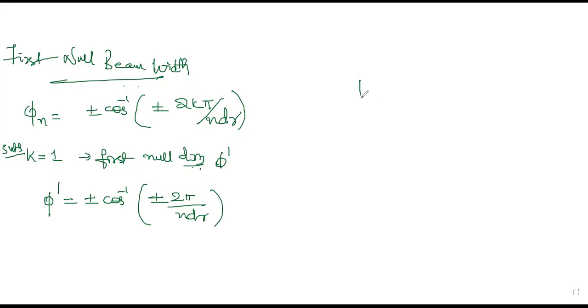If we draw the broadside pattern, we usually get the maximum direction like this. What is actually the first null direction? We have done this in module 3: half power beam width, first null beam width. What was actually the first null beam width?